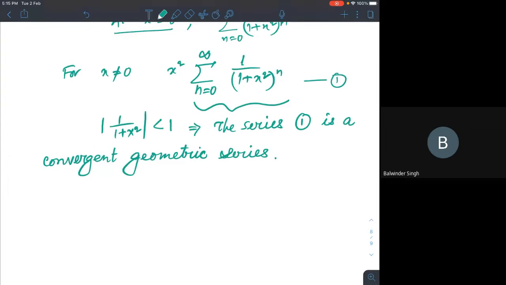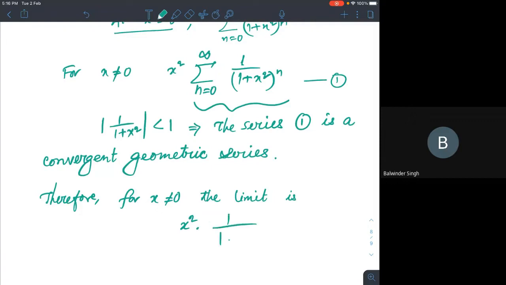Is it clear? Yes, sir. Therefore, for x not equal to 0, the limit, or the value of the series, is x squared into 1 by (1 minus 1 over 1 plus x squared), which gives you 1 plus x squared.